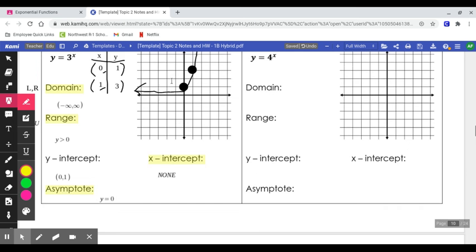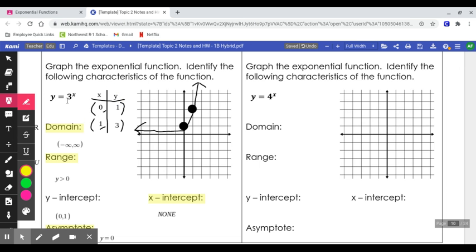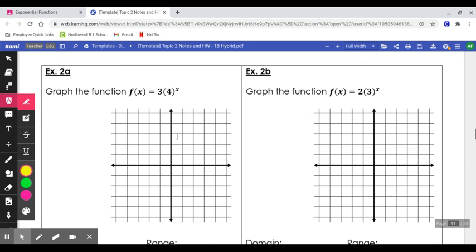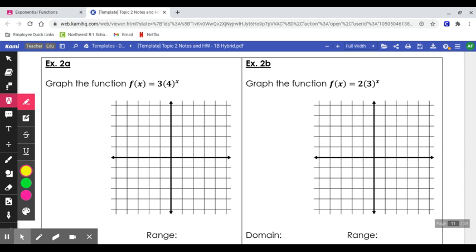So if we scroll back up here, we just have one number raised to the x power. But if we come down to the bottom, we have 2 numbers, 3 times 4 raised to the x power. So let me show you how to do this if you have 2 numbers. We're still going to be making an XY table.